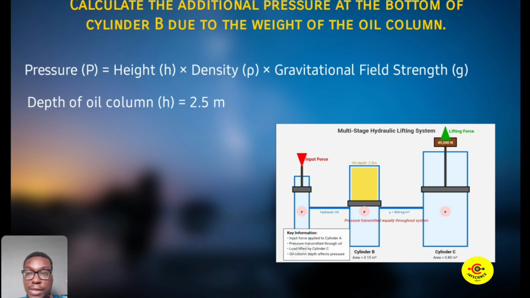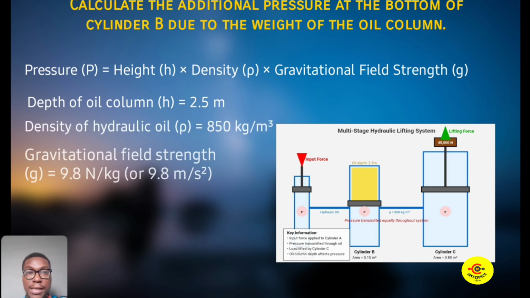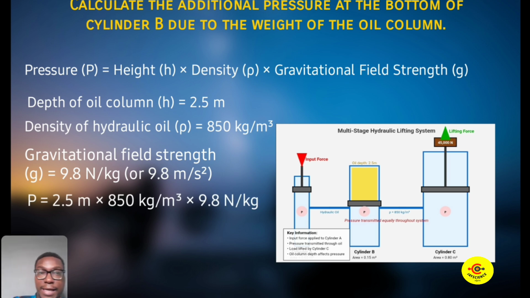The depth given to us in the question is 2.5 meters, and then we multiply that by 850 kilograms per meter cubed, that is our density, our rho, multiplied by 9.8 newtons per kilogram. Now, if you use g equals 10 instead of 9.8, you get a similar answer, a reasonable approximation. Always use 9.8 except where stated otherwise by the question.